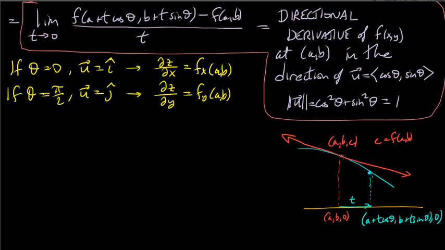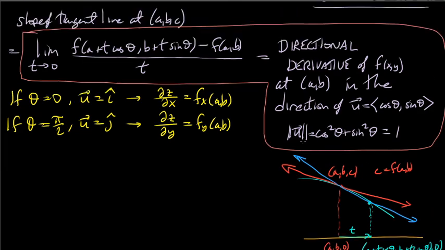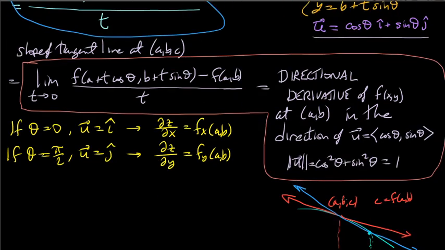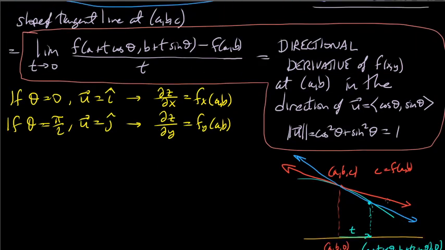So there we go. This is the secant line, so that would be the slope of this blue line here before we take the limit as t goes to 0.